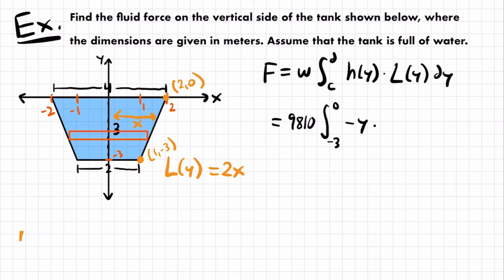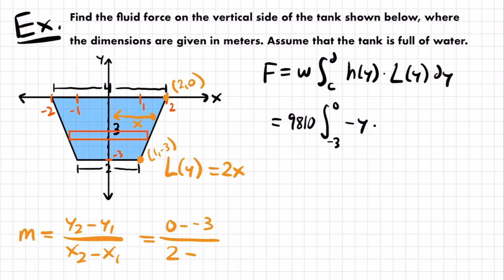So remember, the slope is equal to y sub 2 minus y sub 1 divided by x sub 2 minus x sub 1, or in other words, the change in y divided by the change in x. If we use our two coordinate points, that will be equal to 0 minus -3 divided by 2 minus 1.